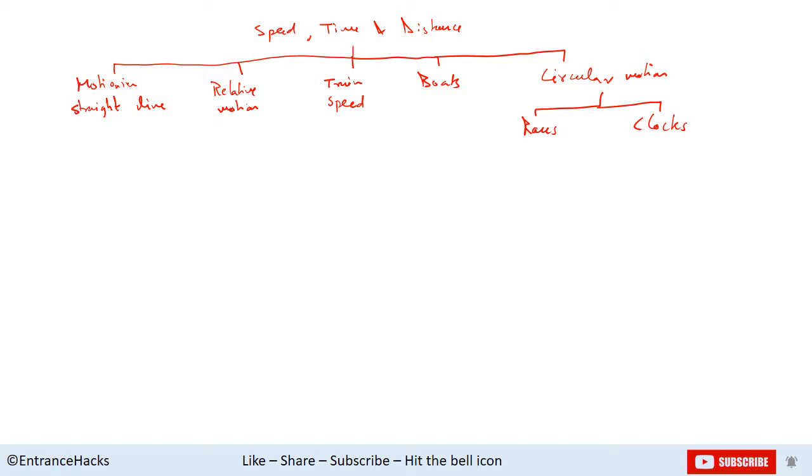The important basic formula which we apply here is speed is equal to distance upon time. We just have to remember this formula. This is the basic formula and is applied everywhere. If we know two variables, we can easily find the third. The unit of speed could be kilometer per hour, meter per second, kilometer per minute or nautical miles per hour.